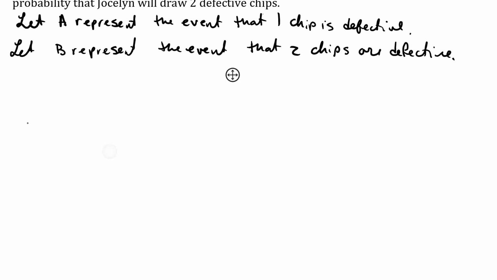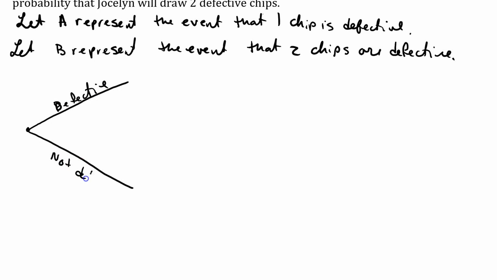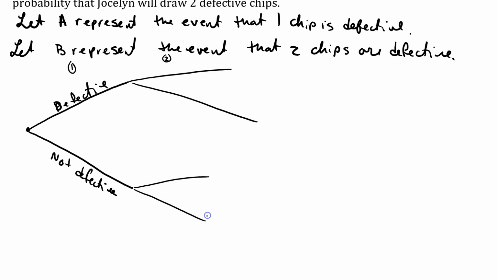So with our tree diagram here, we're saying that there are 2 possible outcomes for that first chip: defective and not defective. So this is for the first chip. Then we have our second chip, and both of these options here have a defective and a not defective.